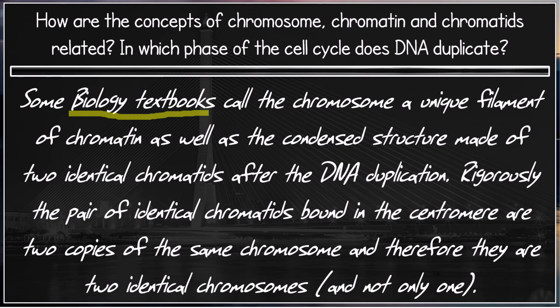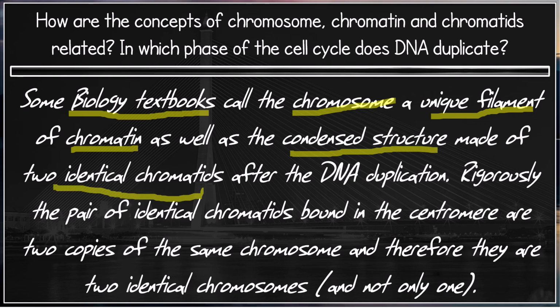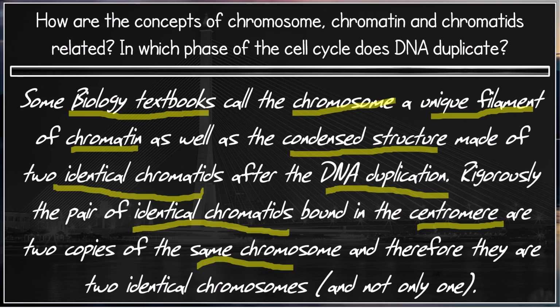Some biology textbooks call chromosome a unique filament of chromatin, as well as the condensed structure made of two identical chromatids after the DNA duplication. Rigorously, the pair of identical chromatids bound at the centromere are two copies of the same chromosome, and therefore there are two identical chromosomes, not only one.